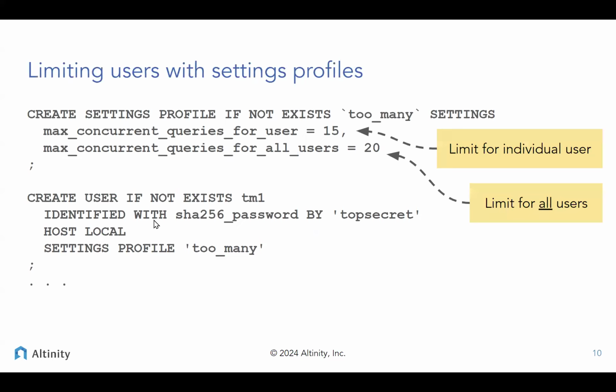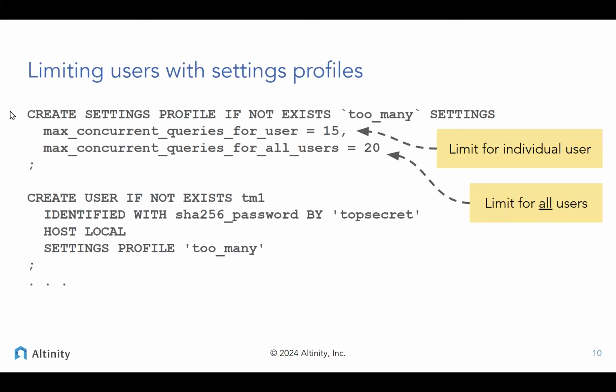So here, one of the most useful features that you can use is to have a settings profile. A settings profile allows you to set limits that apply particularly to a given user or set of users. And this is an example of the RBAC command that you can use to do that. So we're setting these two limits, max concurrent queries for users.